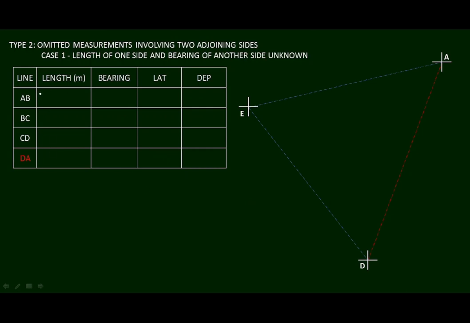Given yung length ni AB, 1,081.35. BC is 1,589.5. And CD is 1,293.72. Bearing naman, lahat sila ay sa south. This is 73 degrees, 47 minutes east.